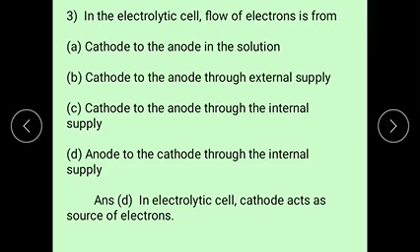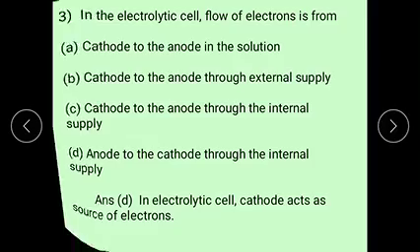Just now we discussed in the electrolysis process, when the electrons are released from the anode, they move to the cathode side through the external supply or internal supply.